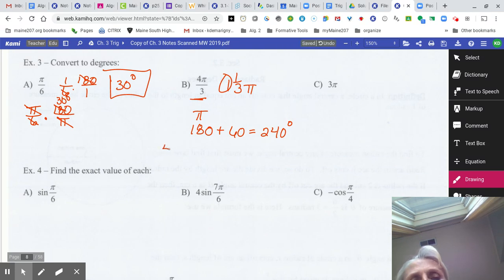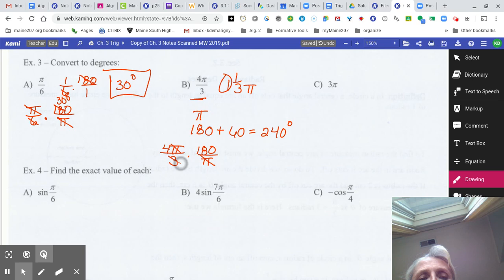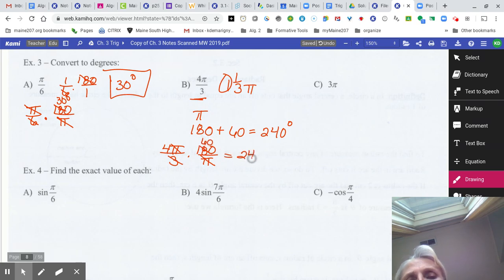Again, if you don't like that, it's 4 pi thirds times 180 over pi. My pi's will go out, my 3 will go into 180 60 times, and 60 times 4 is 240 degrees. Again, if we were in person by this point, I believe we'd be able to do this without using the formula, but since I don't see you every day, I haven't been able to practice this with you every day. So last part, if I have 3 pi's, that means that I've gone 180 degrees 3 times.